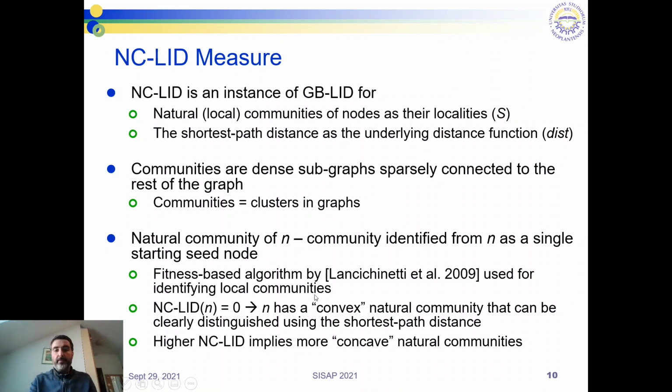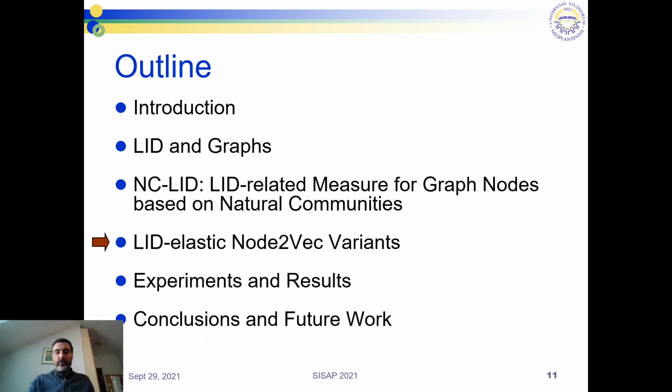We use the one by Lancichinetti. So if NCLID of N is 0, then it means that the node N has a convex natural community, like a sphere, more or less, around it. And higher NCLID imply more concave, funnily shaped natural communities.